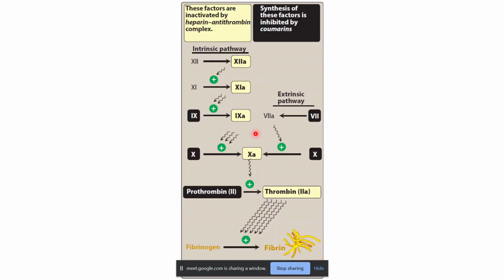So the next group of drugs is anticoagulants. Coagulation is the formation of clotting of the blood, and there are two ways: the intrinsic pathway and the extrinsic pathway, both of which lead to activation of the clotting factors, and eventually they activate thrombin.